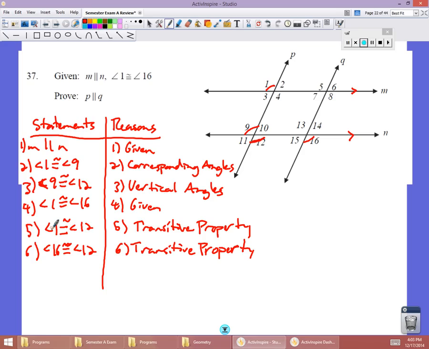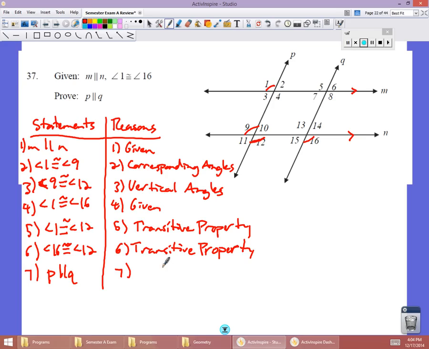Okay, and then finally, now that we know that 16 and 12 are congruent, now we should be able to prove that P is parallel to Q. And the reason for that is that if two lines cut by a transversal so that corresponding angles are congruent, then the lines are parallel. So how do we want to write that?